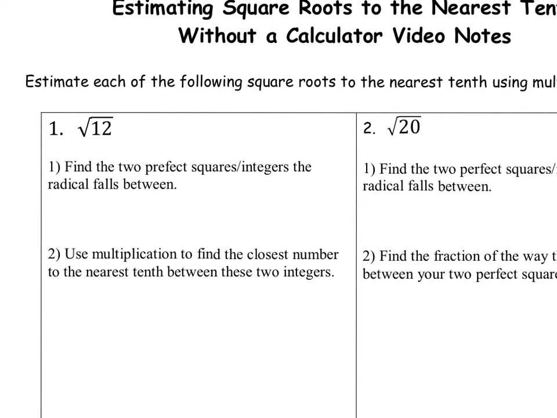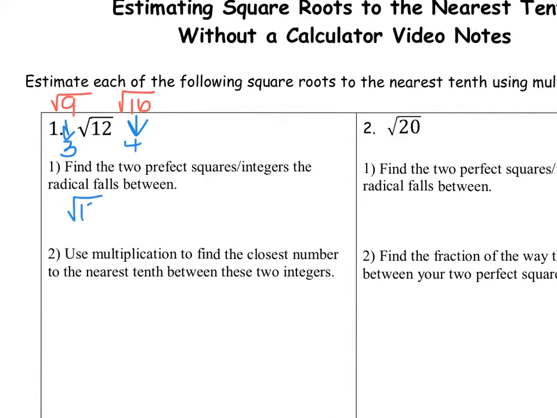So we know from yesterday's notes that the square root of 12 is between the following two perfect squares. If we look at our list of perfect squares, and you can reference back to your notes, the square root of 12 is somewhere between the square root of 9 and the square root of 16. And we know that the square root of 9 is 3 and the square root of 16 is 4.